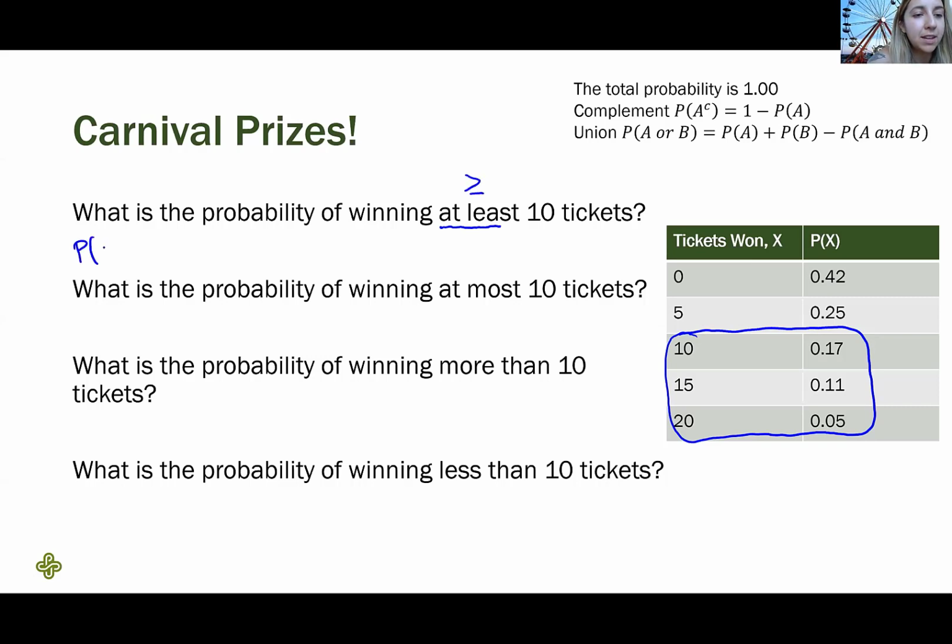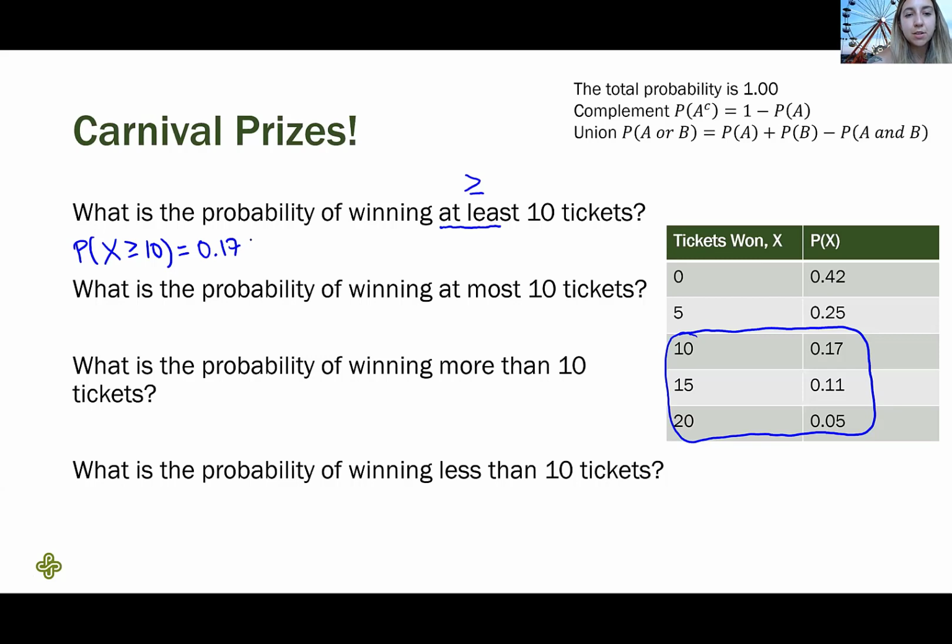So the probability that X is greater than or equal to 10 equals... By our union rule, we can add the probabilities. There's no overlap. There's no intersection in these events. They're all disjoint events. So we can just add them up straight out.